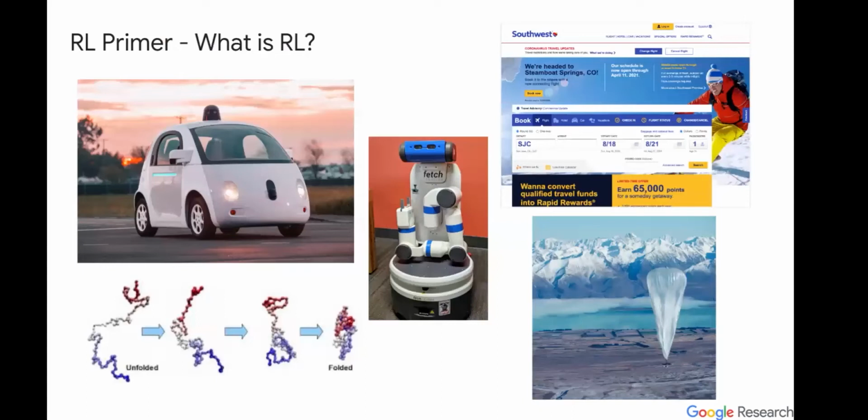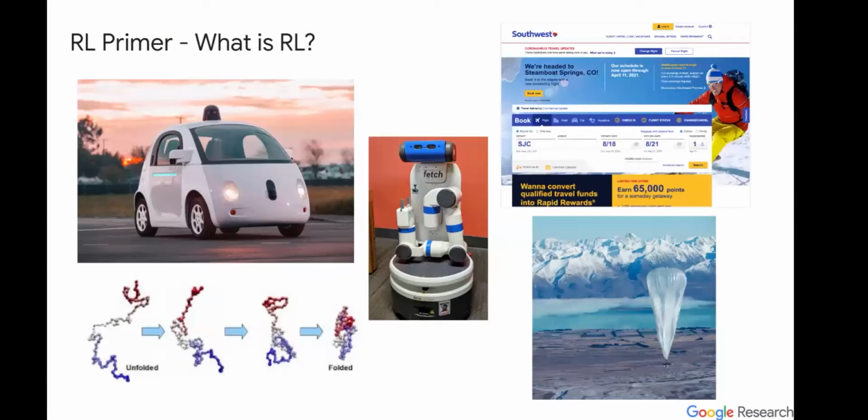Some of these are embodied, the Loon for example. Some are non-embodied planning and decision problems, such as protein folding, where we predict the sequence of motions that the protein does, or navigating web pages, which are really mobile manipulation tasks without embodiment behind. So there are lots of applications where this is applicable.